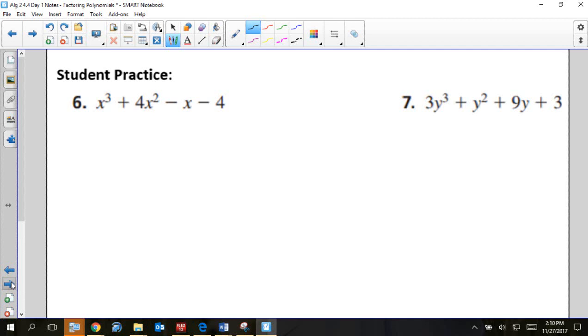Alright, number 6. Number 6 should have 3 parentheses when you're done. I'm going to do number 6 up here. First, grouping them. Then I'm taking out my GCF.